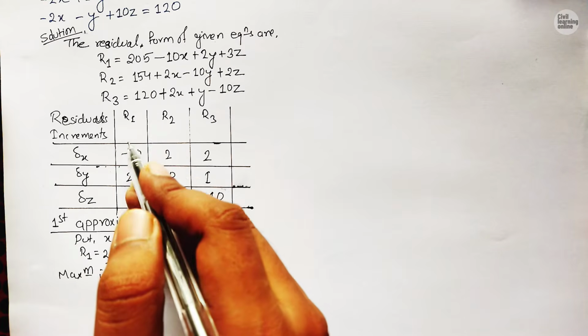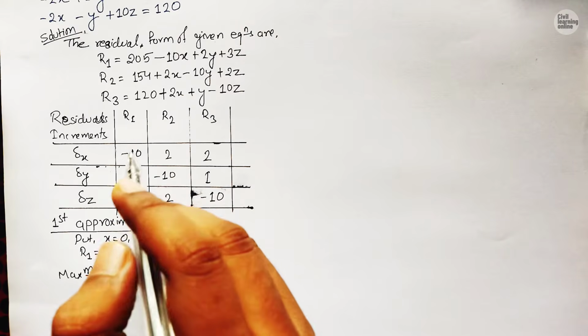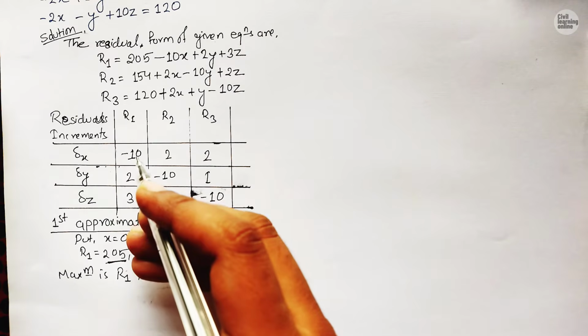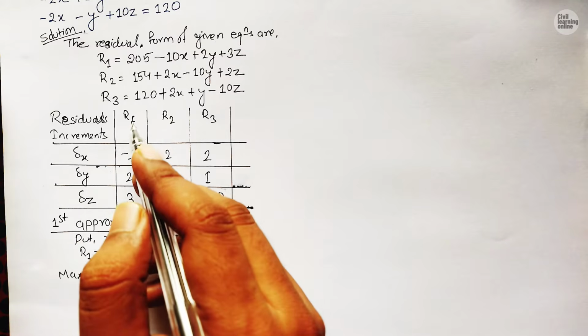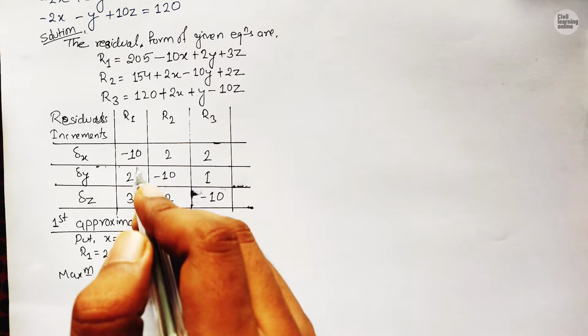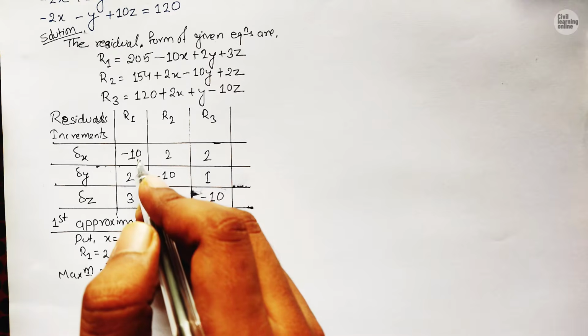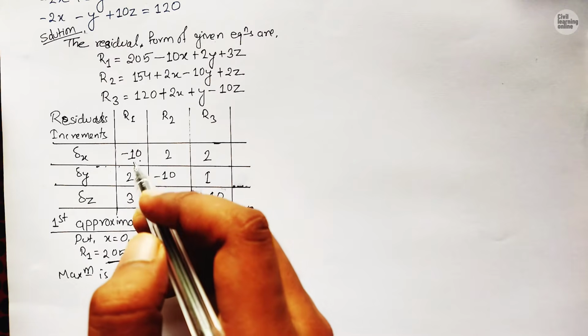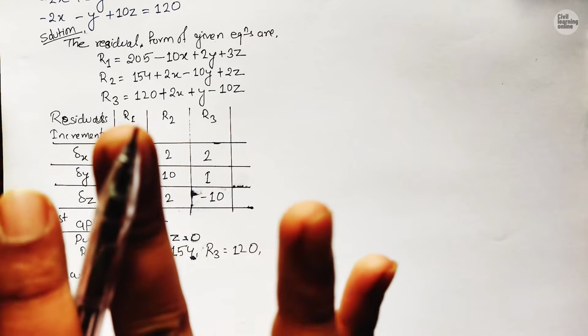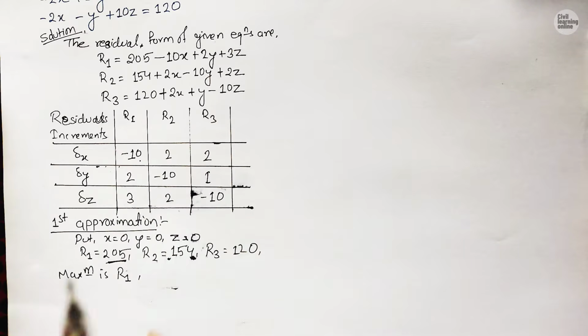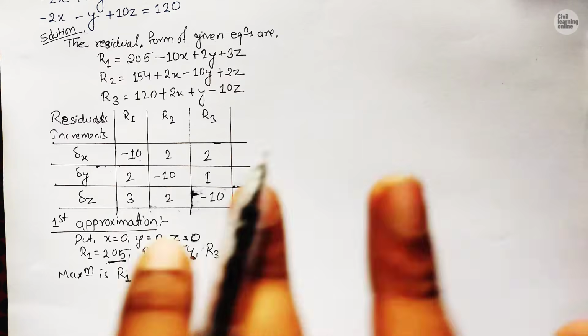After that we will look in the r1 column for the value which is highest among del x, del y, del z. In column r1 the maximum value is 10. While looking in the column, we will not consider the positive or negative sign, we will consider negative as positive.